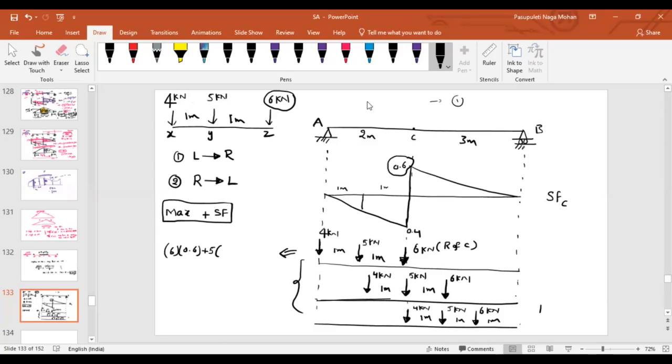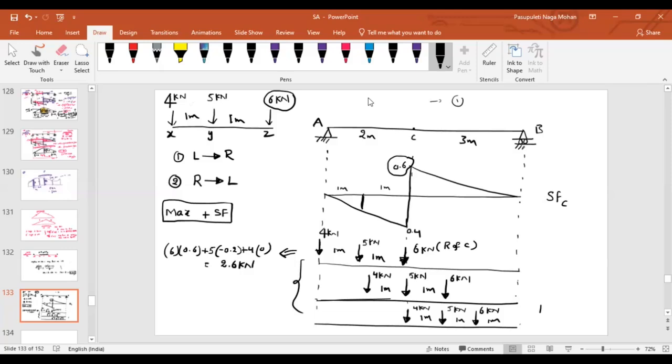What is this distance? 1 meter. It is exactly at the middle. If it is exactly at the middle, what is the ordinate there? The total ordinate is 0.4, so that ordinate is 0.2. As it is on the negative side, minus 0.2, plus whatever the ordinate under 4. 0, sir. It is exactly at 0.8. So how much are you getting? 6 into 0.6, 3.6. 3.6 minus 1, 2.6. Isn't it? Yes, sir.